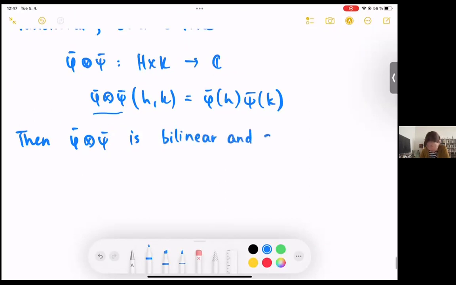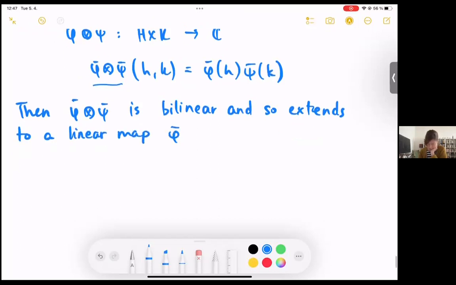So we can extend it to a linear map on the tensor product H tensor K, which I will also denote by phi bar tensor psi bar.